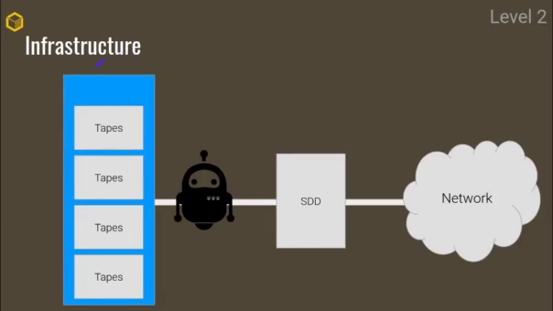You have your archives here with all your tapes, and then you have your robotic libraries that, when you request a tape, is actually going to come get the requested tape and then copy its data to an SSD that will then be used as the interface for exchanging your data with the outside world.